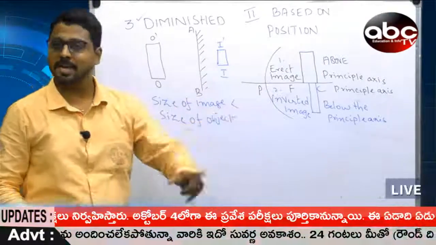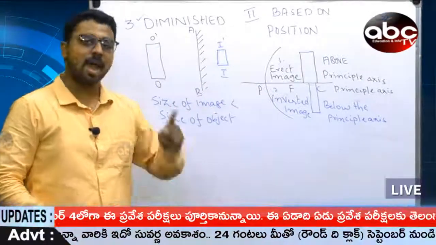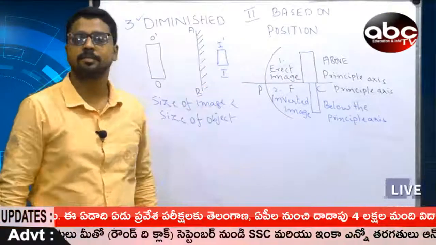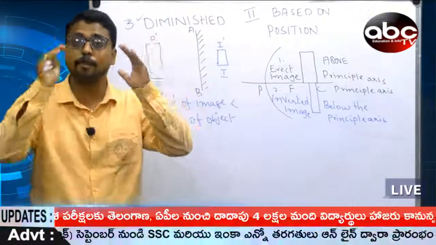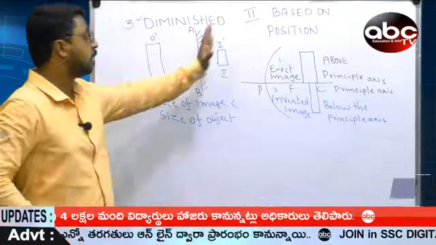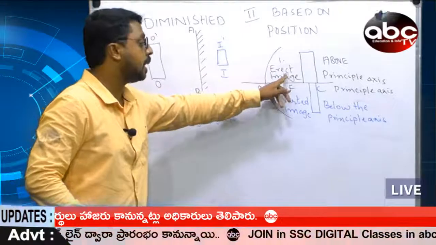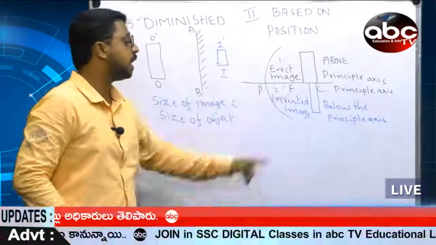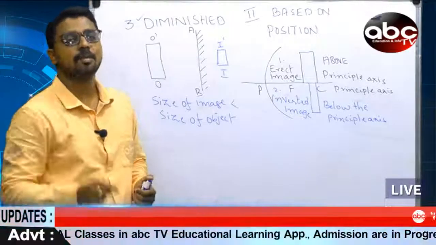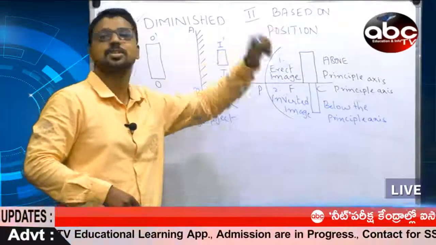You have to make sure that this is inverted, this is erect. Such confidence should be built. So listen carefully. Based on position, we are able to expect an erect image as well as an inverted image.